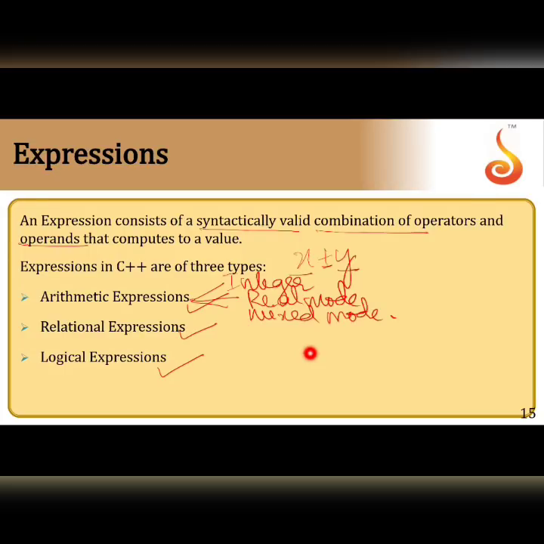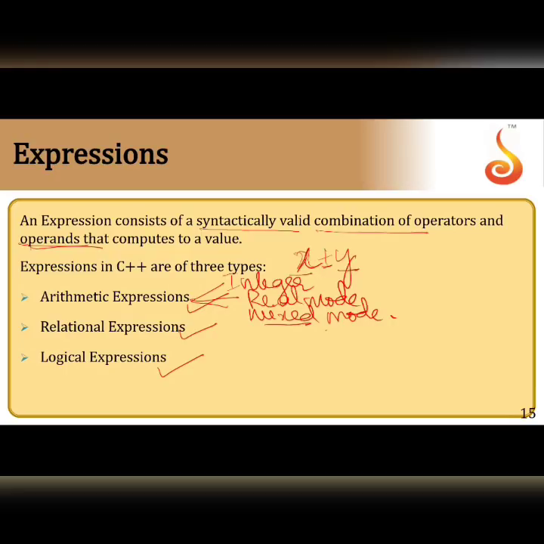So what do you mean by integer mode expressions? In integer mode expressions, all the operands are of the type integer only. In real mode, it is all the float or the double type, and in mixed mode you can have a combination of both integer as well as real operands. So this is an arithmetic expression which computes to a value.